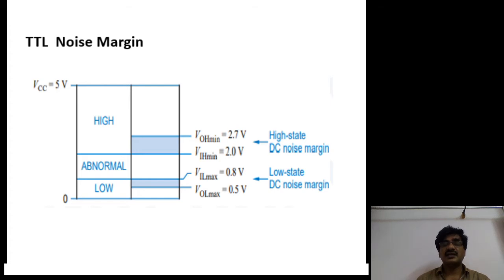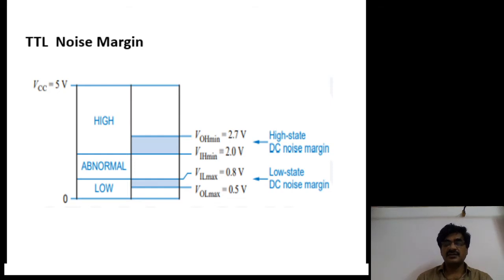The low level noise margin formula is VIL maximum minus VOL maximum. Similarly, the high level noise margin is VOH minimum minus VIH minimum, the difference between high level voltages, and similarly the difference between low level voltages.